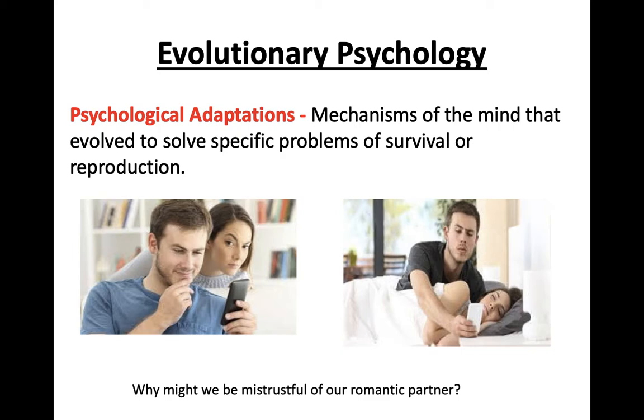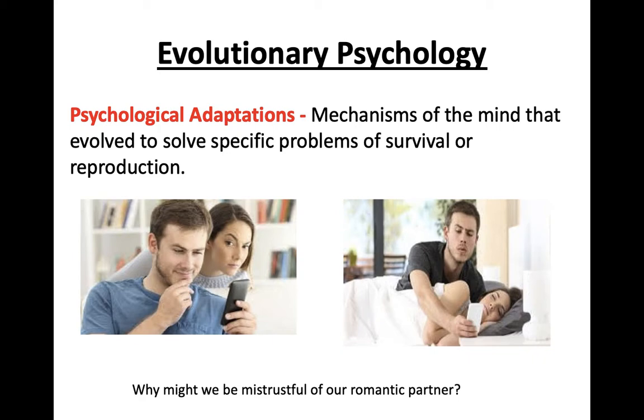Don't we say that we don't want somebody who's jealous, that what we want is trust? So if that's the case, why is it still around? If evolution means that characteristics that are adaptive are selected for, why is it that in our world we have a psychological adaptation?